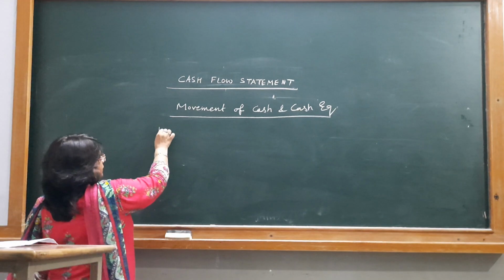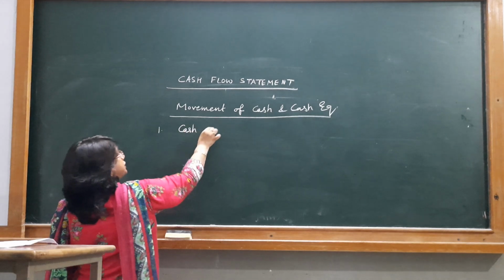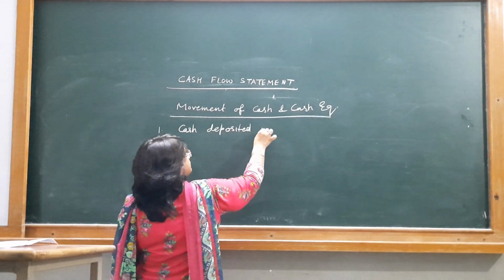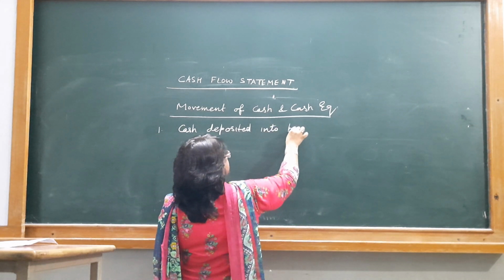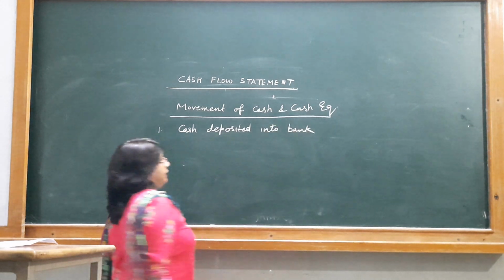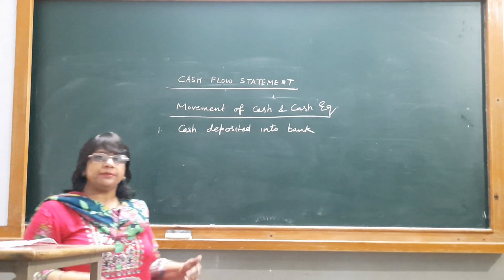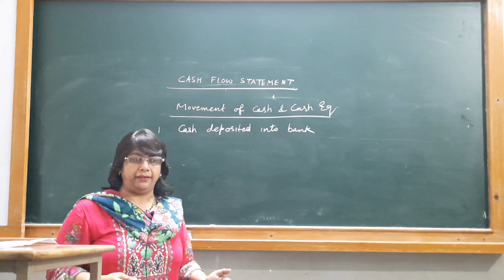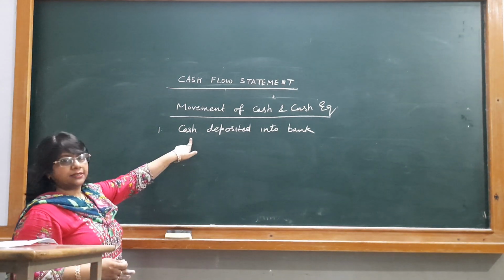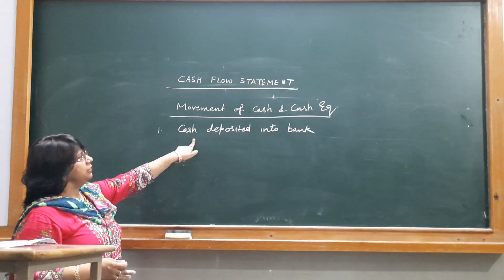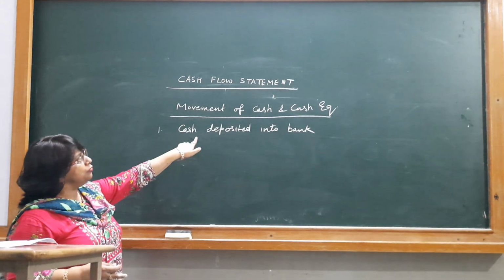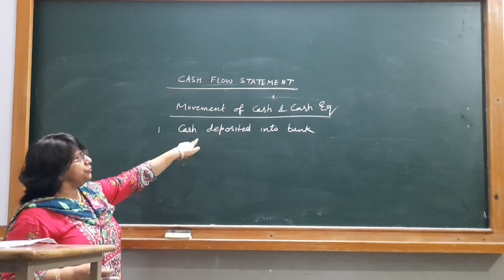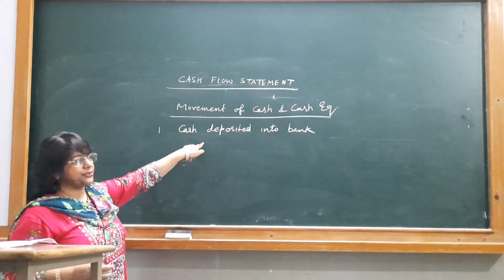For example, if you are depositing cash into bank, then cash in hand is becoming cash at bank. Both are the part of cash and cash equivalent. So that will not be considered as an inflow or outflow. It will be considered as movement of cash and cash equivalent and will not be shown anywhere in cash flow statement.